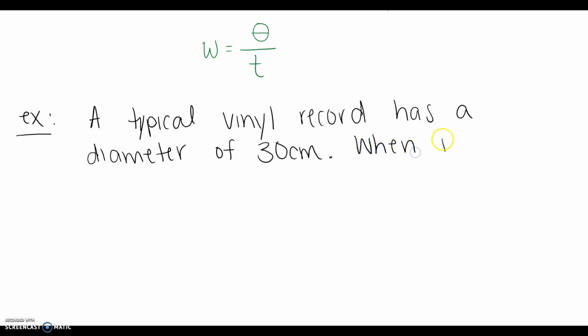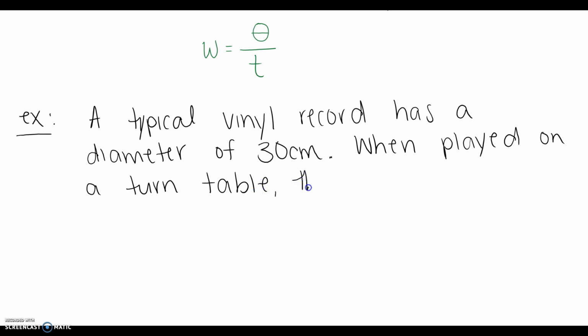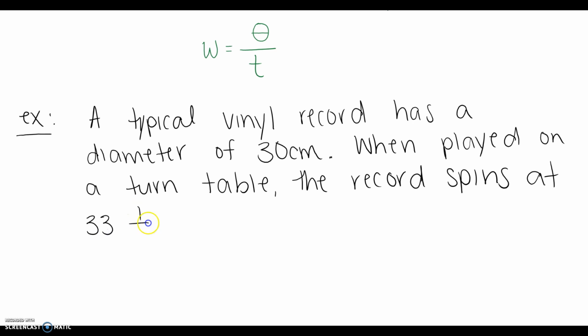When played on a turntable, the record spins at 33 1/3 revolutions per minute.